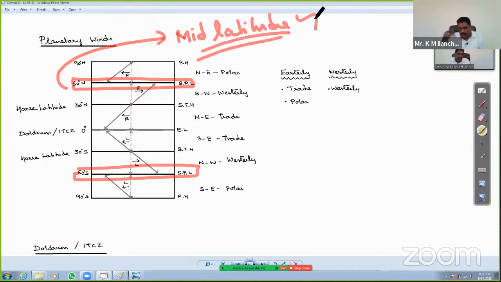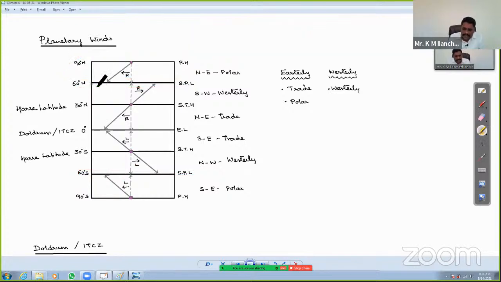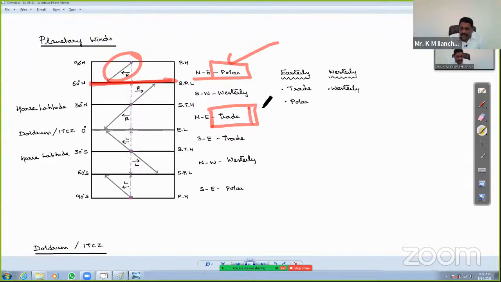The phenomena that happen here we call mid-latitudinal cyclones or temperate cyclones. What exactly happens? This is the 60-degree latitude, the temperate cyclone location. This is the place where two contrasting air masses converge with each other. On one side you have the polar wind, on the other side the trade wind.